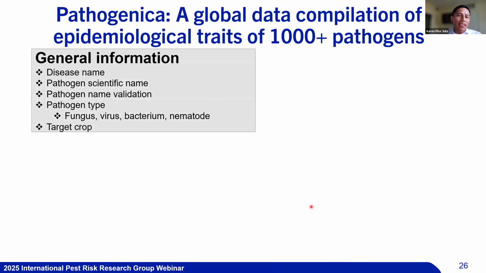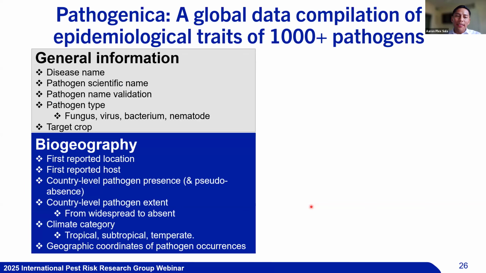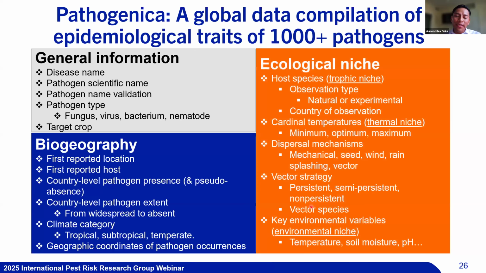Currently, I am leading this effort of creating a global database compiling epidemiological traits for more than 1,000 pathogen species, with information such as the names, the identities, where these pathogens are located, where these pathogens have been reported for the first time, which hosts have been infected by these pathogens at the very specific country level, which temperatures are important or tolerated for these pathogens, what are the dispersal factors, and the environmental variables that matter for each of these pathogens.